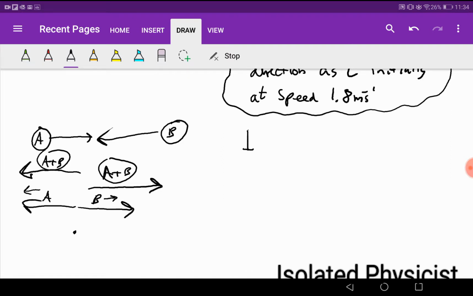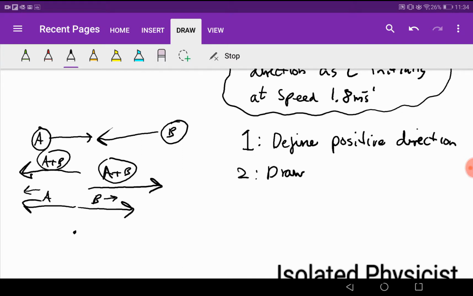Okay, so same old really. One, define positive direction. Two, draw initial plus final diagram. And three, apply conservation of momentum.